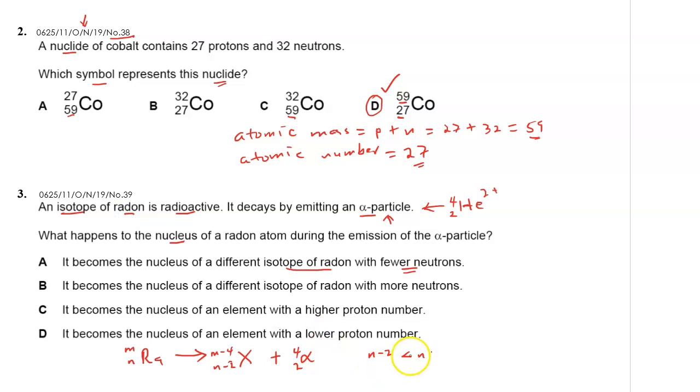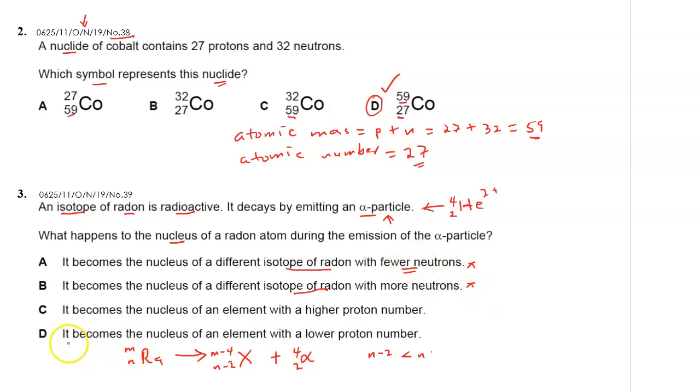Since the number of protons has reduced, it cannot be radon anymore. So this is a different element other than radon. That makes option A wrong. B, it becomes the nucleus of a different isotope of radon, is also wrong. Leave alone more or fewer neutrons.